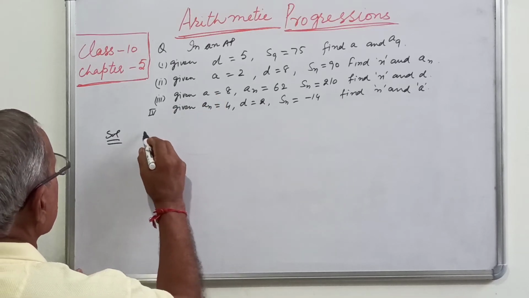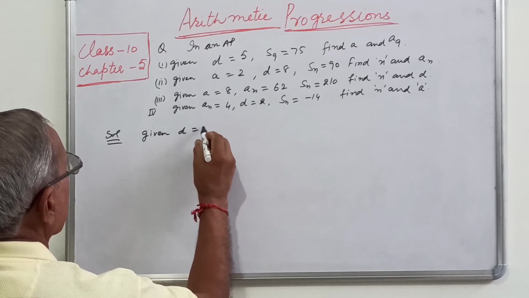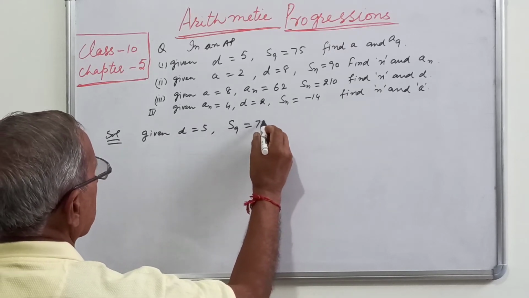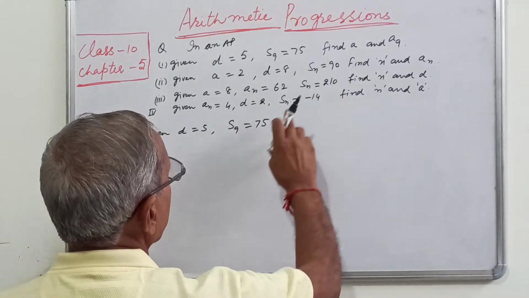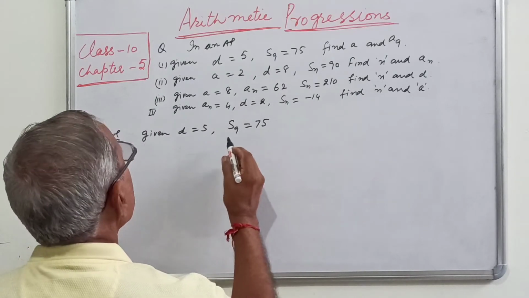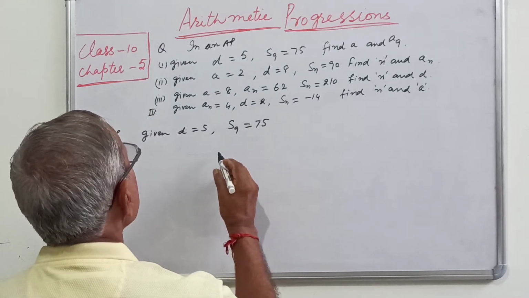So given d is equal to 5 and S9 is equal to 75. So we have to find the value of a and a9. So S9, that is the sum of 9 terms.